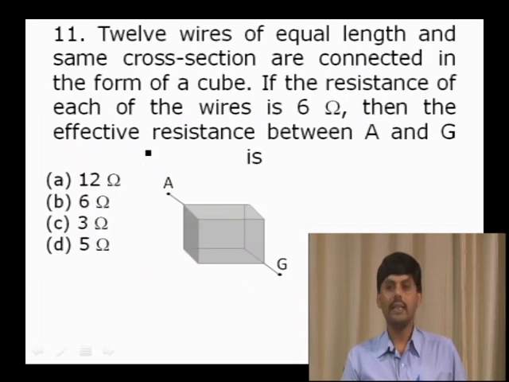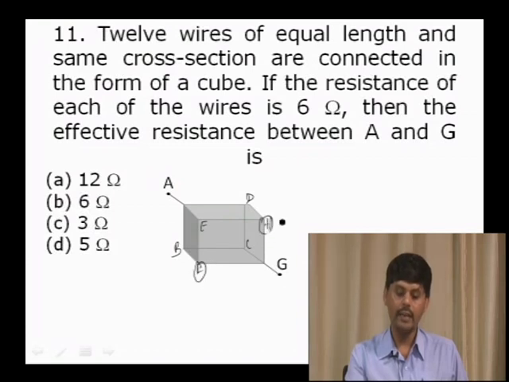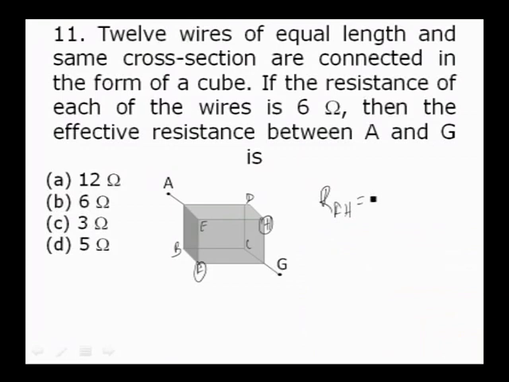Suppose they ask for the face diagonal, say for example, this is the face diagonal. I will name the other vertices B, C, D, E, F, G, H. This is the face diagonal, that is R_FH.